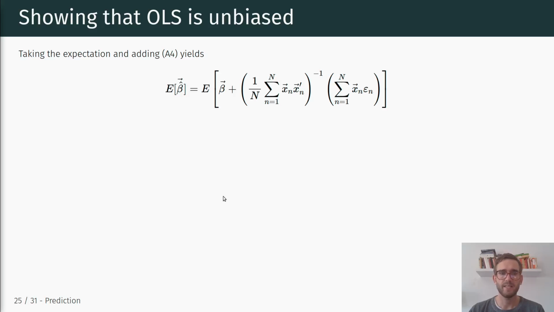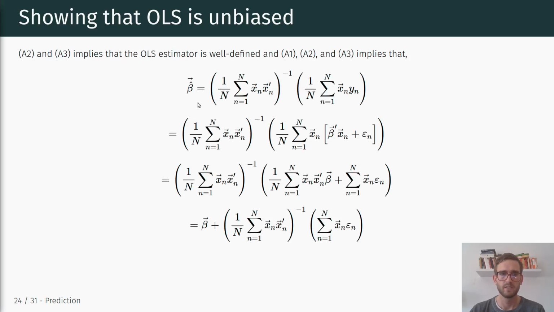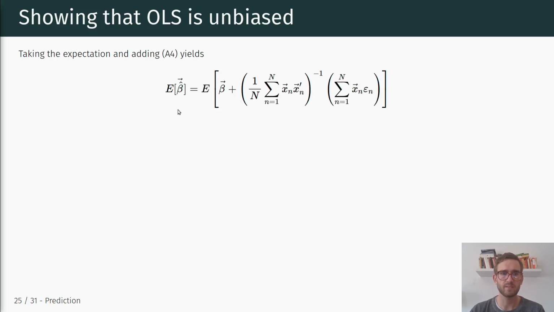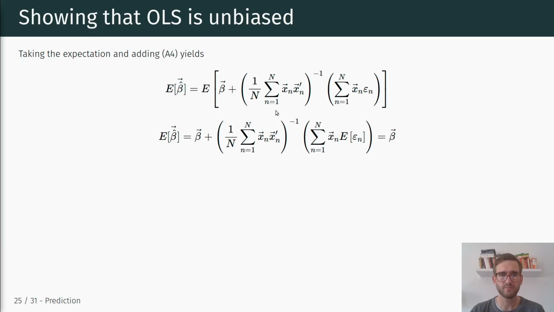So now if we take the expectation of beta hat, we already showed that beta hat is equal to this expression. If we take the expectation of this expression that we just derived, since we assumed that the x's are fixed, we can pull everything that is constant out of the expectation, which means all we're left with is the expectation of epsilon_n.